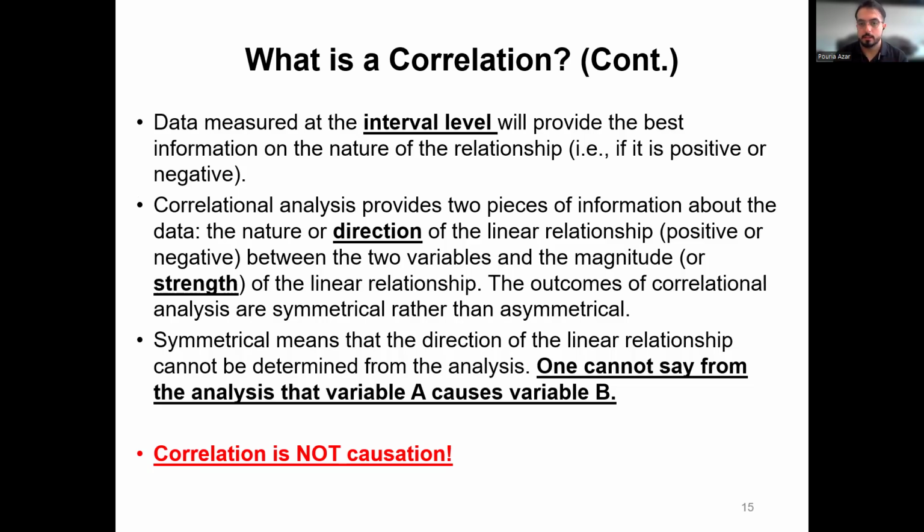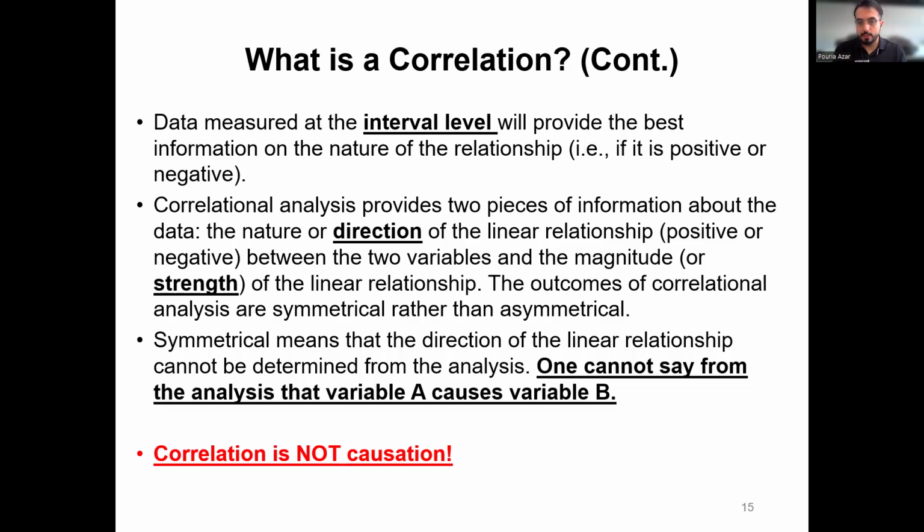Correlation is not causation. And when we say the direction of the relationship, whether it is positive or negative, it means if variable A increases, variable B increases as well. That's a positive relationship. Or if variable A decreases, variable B also decreases. That's a positive relationship. But in a negative relationship, if variable A increases, variable B decreases, and vice versa.